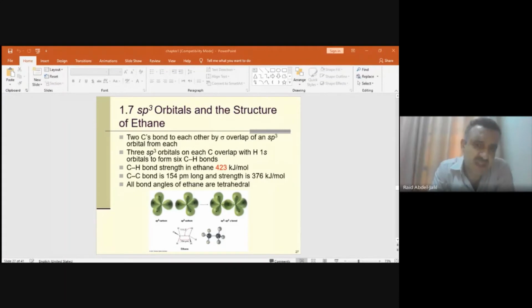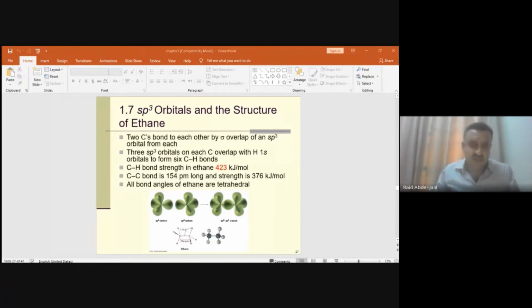All right. As I said, the hybridization of carbon in methane applies to all carbons in alkanes, as we will see in the next chapter when we are dealing with functional groups. So this applies to all elongated carbons or saturated carbon compounds. So you can see here for the ethane gas, each carbon will have sp3 hybridization.